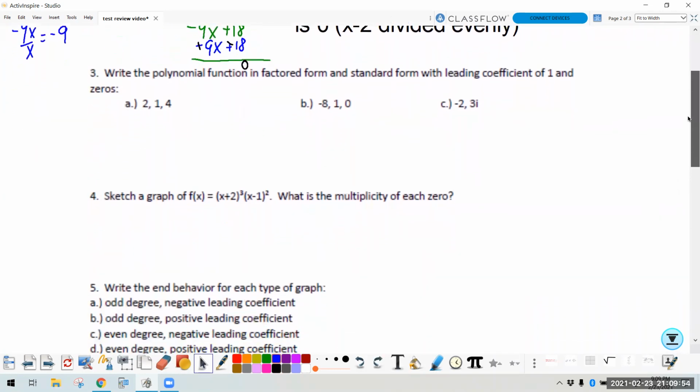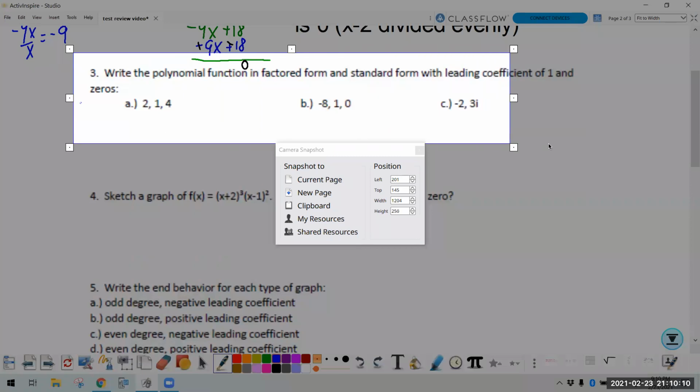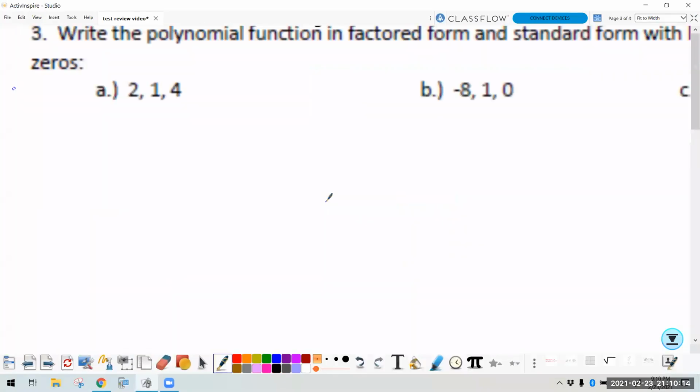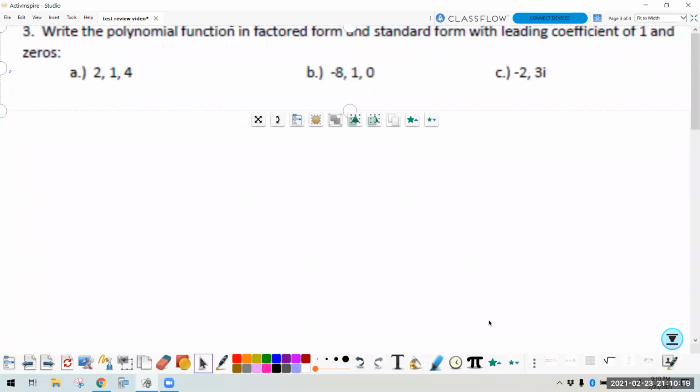Okay, number 3. Write a polynomial in factored form and standard form. When you write an equation, you need y equals. I think I'm going to need more room. I write too big. All right.